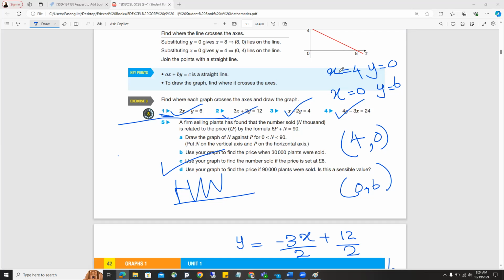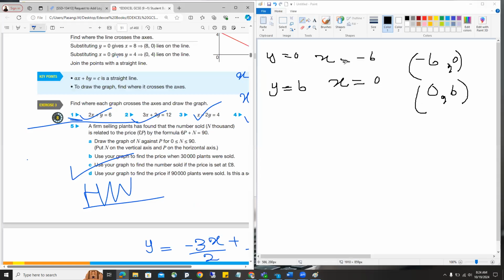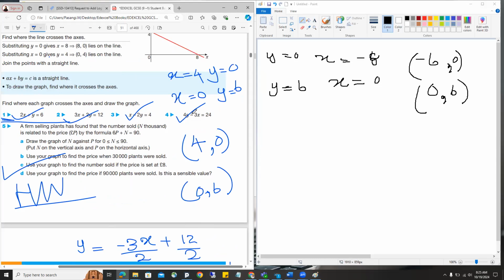When x is equals to -8, then y is equals to 0. When x is equals to 0, y is equals to 6. Yes. Okay.